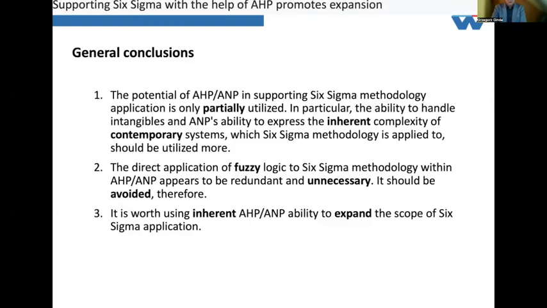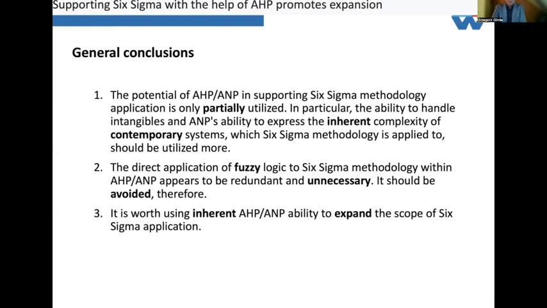It is also worth using the inherent AHP-ANP ability to expand the scope of Six Sigma application, and different publications from different application areas showed that this is not as utilized as it could be.